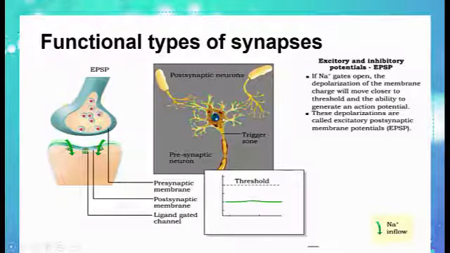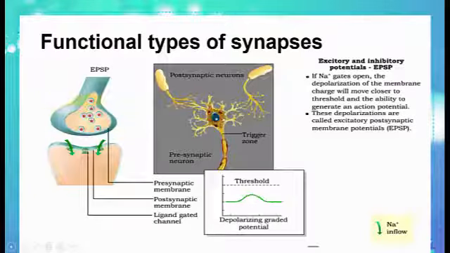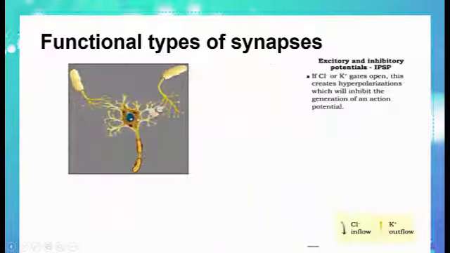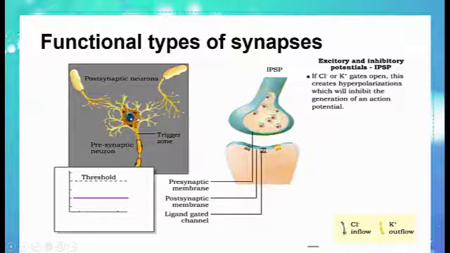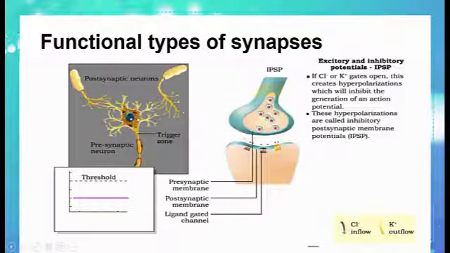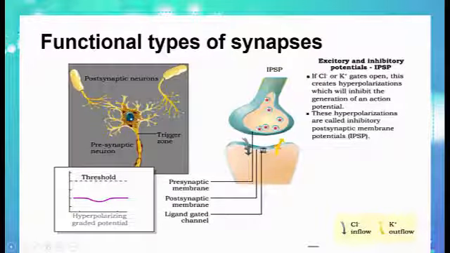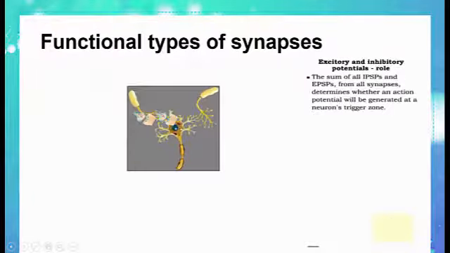These depolarizations are known as excitatory postsynaptic membrane potentials, or EPSPs. Hyperpolarizations, the result of chlorine or potassium gates opening, inhibit the generation of action potentials. These hyperpolarizations are known as inhibitory postsynaptic membrane potentials, or IPSPs.